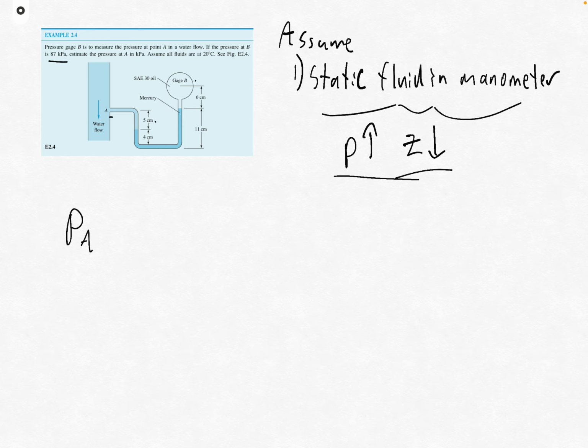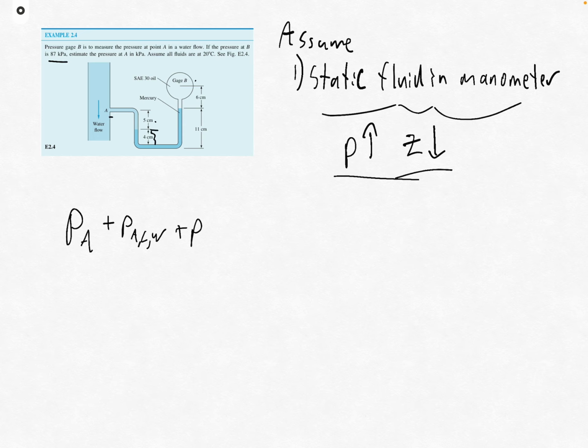And so we'll call that plus the pressure that we get from A to C in water. That's positive because we're moving down. Sorry, I'm going to label these points.